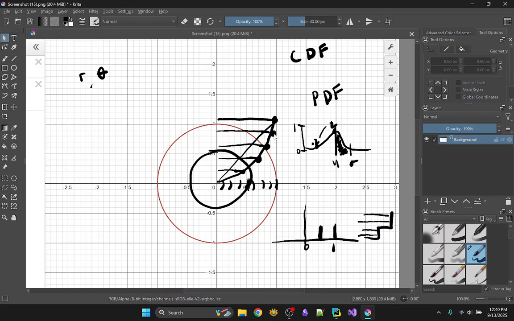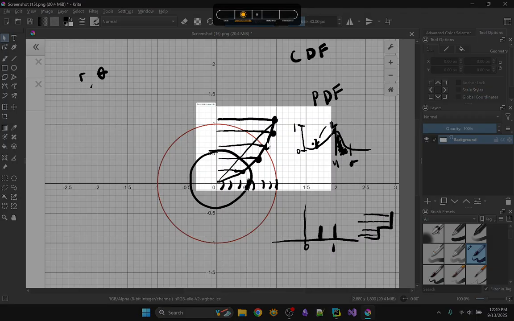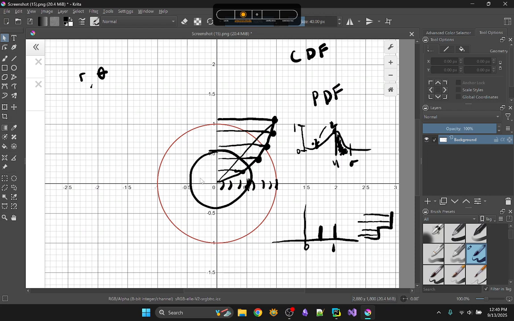Switch back to mouse here. So we would sample from this inverse of the integral, and that would give us these radii with different likelihoods, in the correct probabilities that we want. And so that would be the radius of our random point in the circle.